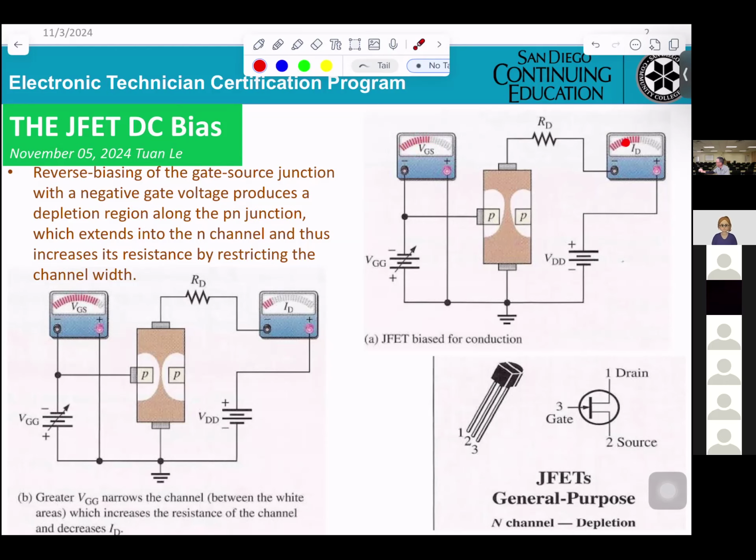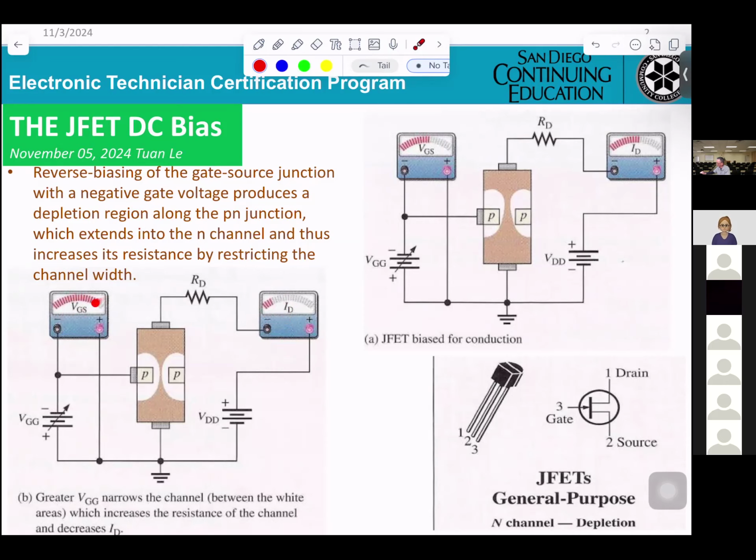When you get the VGS more negative here, you also get the current ID. See the difference: if you get more and more negative voltage, the channel will be narrower and smaller, so less current flows. That's why they prove it for you here. This monitors the VGS voltage, and this monitors the current ID.